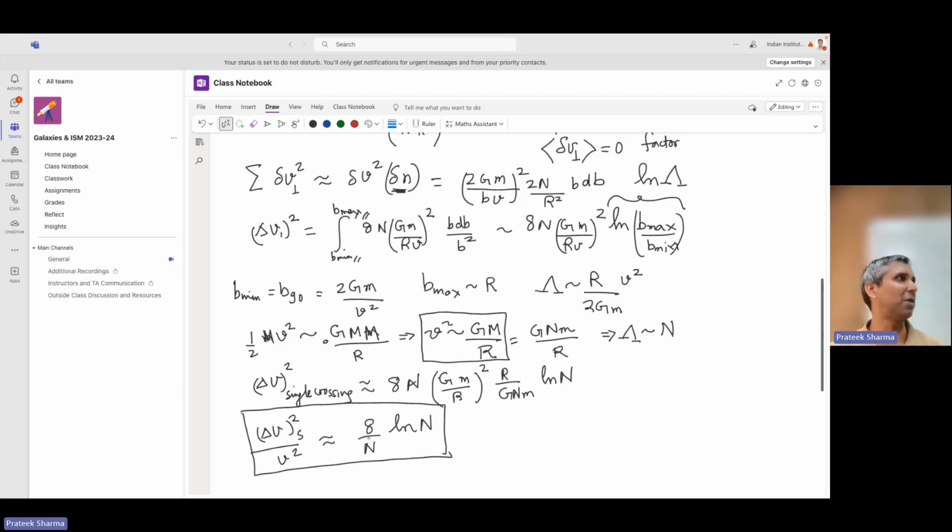Normally for gases and so on, higher density would make you more collisional. Here, the velocity itself is determined self-consistently because of the depth of the potential well. Because of that, we get this non-intuitive answer.